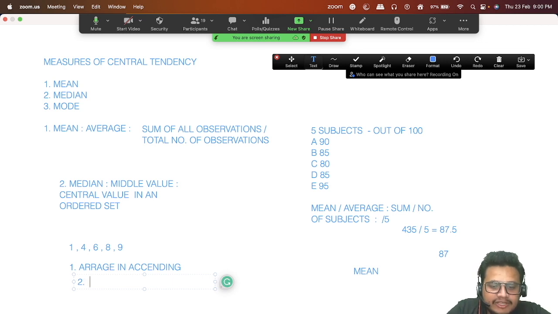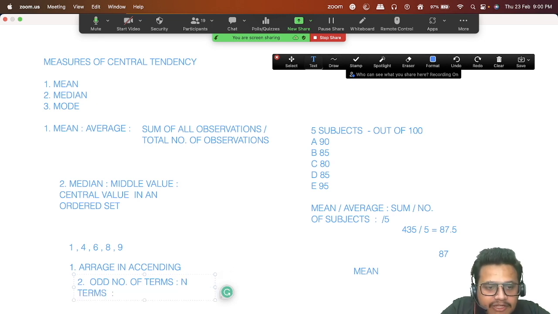In this case we have an odd number of terms, right? When we have an odd number of terms, suppose we have n terms. The middle term will be the median. So for odd, we'll say (n plus 1) by 2, where n is my number of terms. Here we have 5 terms, so the value of n is 5.